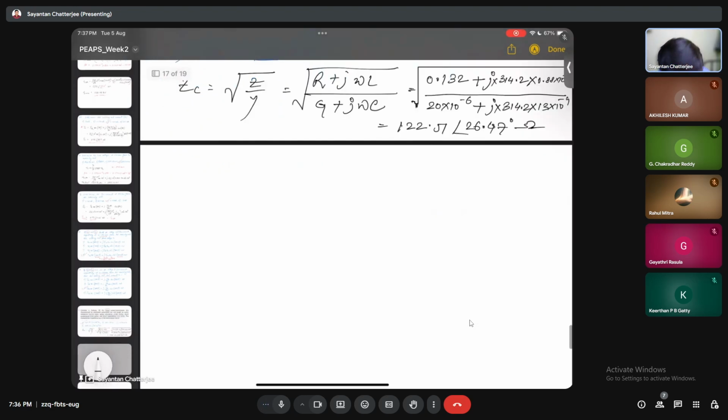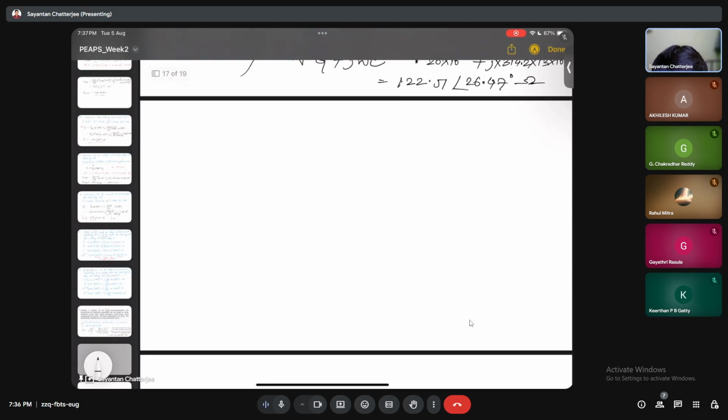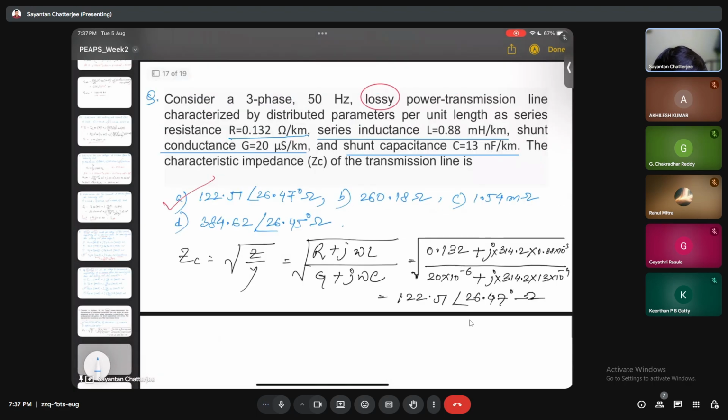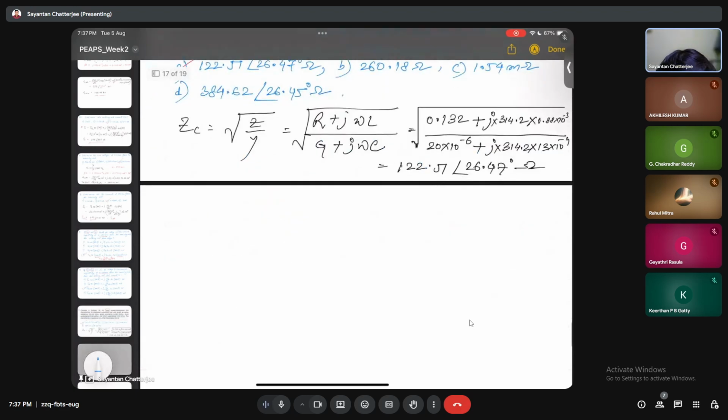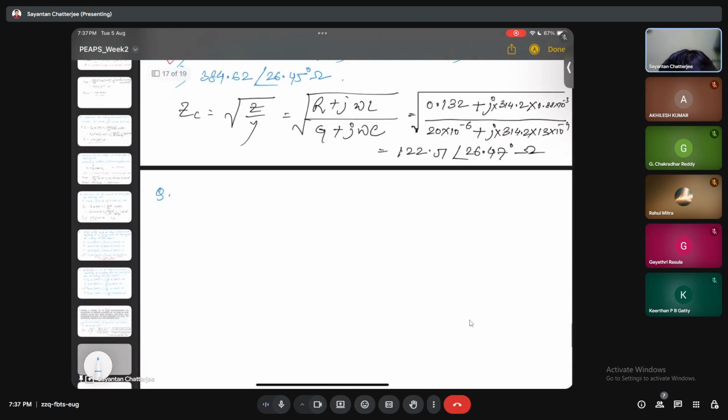Okay. So moving on to a similar question based on these values. The parameter values are the same.